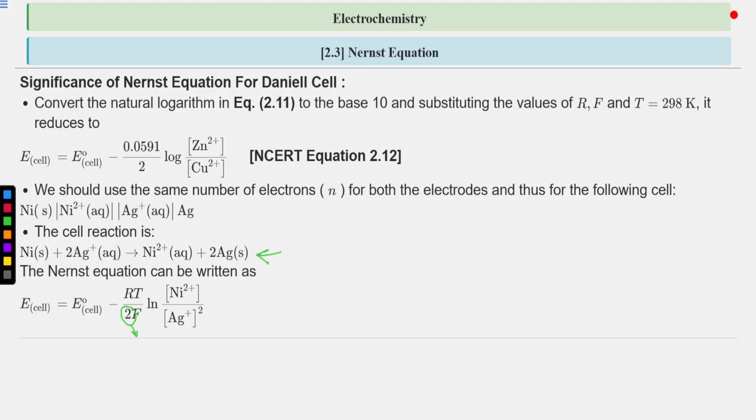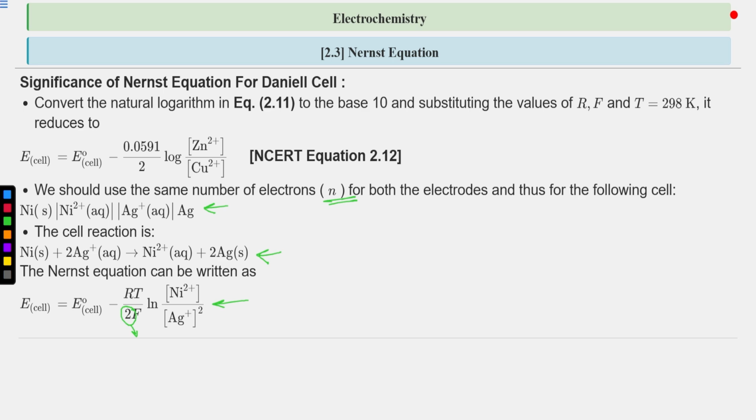And 2 silver ions becoming 2 Ag, neutral silver in solid form, means both silver ions are gaining 1 electron each, so a total of 2 electrons. So the n value is the same in both reduction and oxidation. That's why we are taking n equals 2 in the Nernst equation of this given cell.